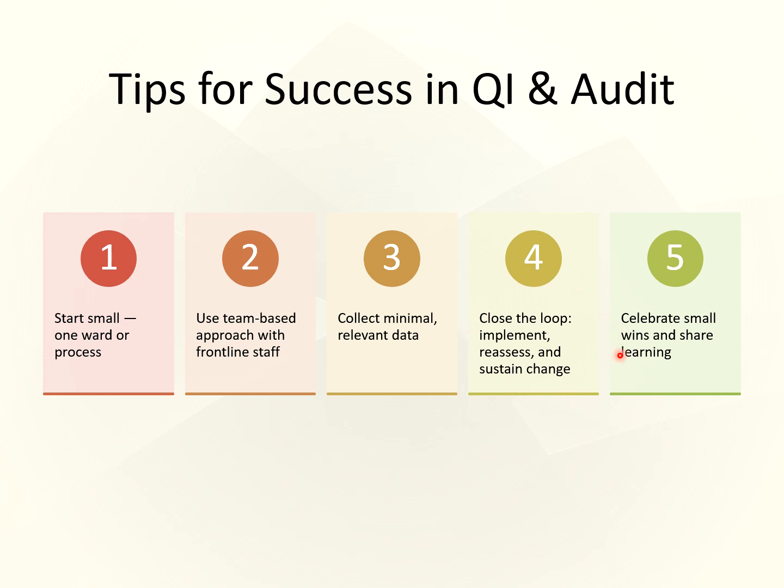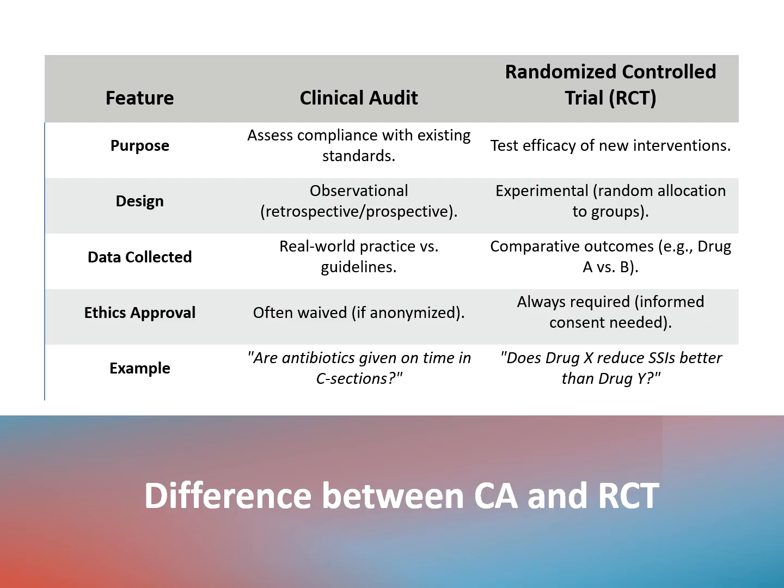By closing the loop, we mean we need to implement the change, reassess whether now we are meeting the standards or not, and then sustain the change, continue with that practice. Then the fifth one is celebrate small wins and share your learning experience with other wards and other departments. In that way, you can promote a culture of clinical audit and improvement.